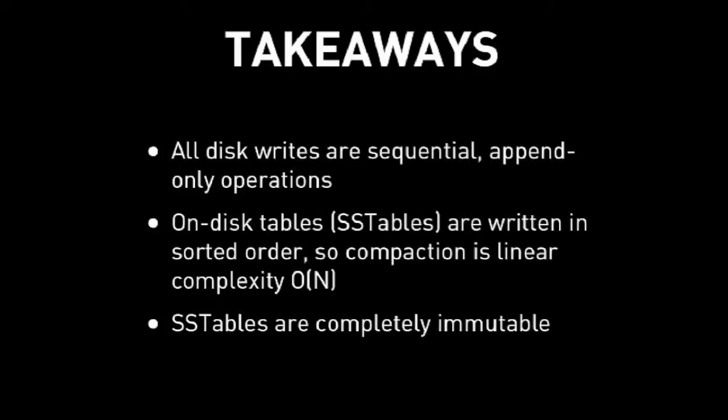The takeaways are that all writes in Cassandra are sequential append-only operations. Cassandra does no writes as random I/O. And these on-disk tables are written in sorted order, so merging them together for compaction is a very fast, linear complexity operation.